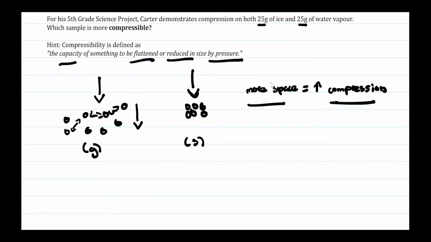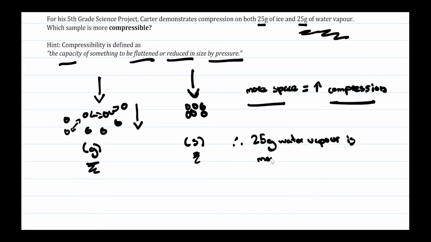And for that reason, since gases have more space between their particles than solids do, the 25 grams of water vapor, which is actual water in gas form, is going to have a higher compressibility. So therefore, 25 grams of water vapor is more compressible.